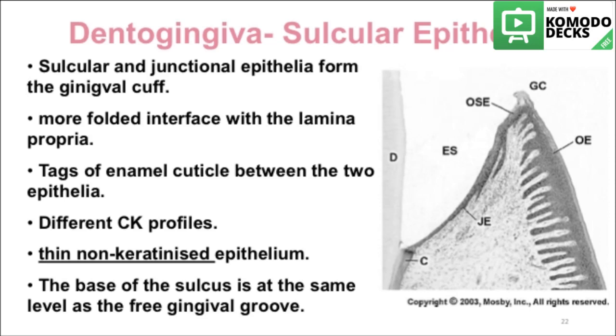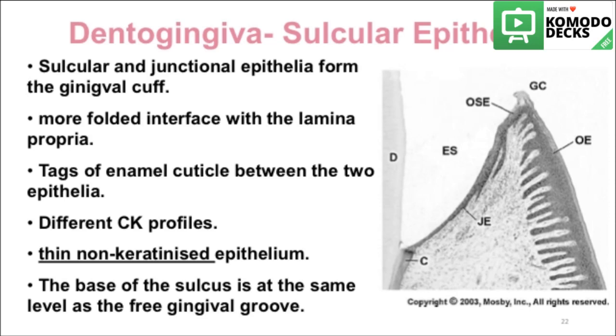Both the sulcular and the junctional epithelia form the gingiva around the teeth. Both epithelia have different cytokeratin profiles. They are composed of a thin non-keratinized epithelium.